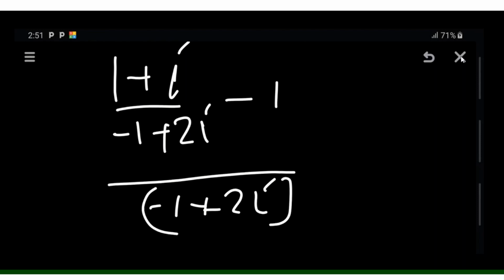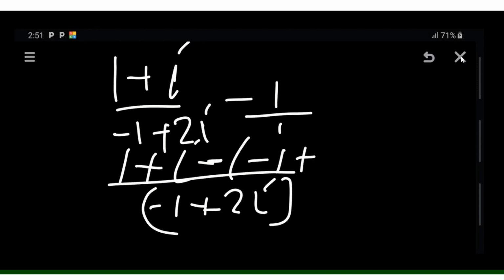So this time in this one, we have our plus i minus this. In here we have a 1, so we just have the same, so it will be minus 1 plus 2i close bracket. So I need to multiply this negative with these guys in the brackets.